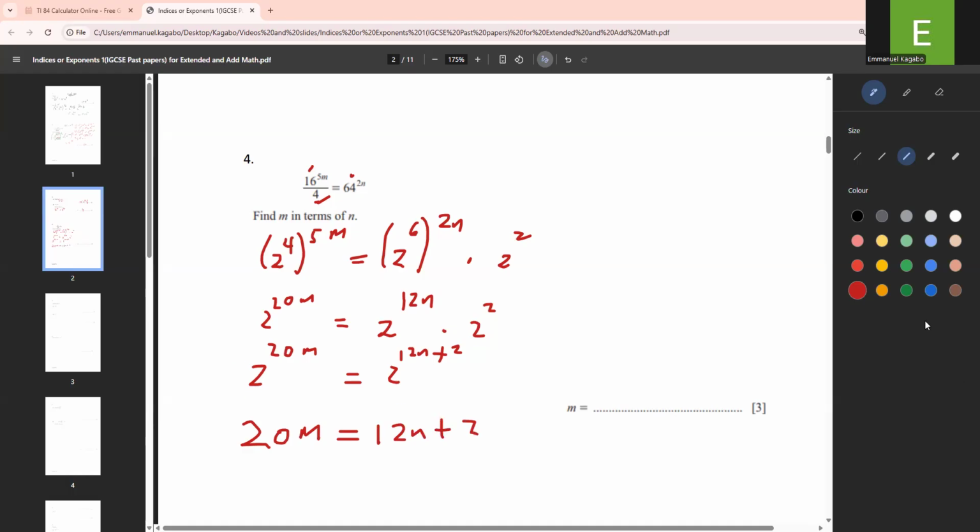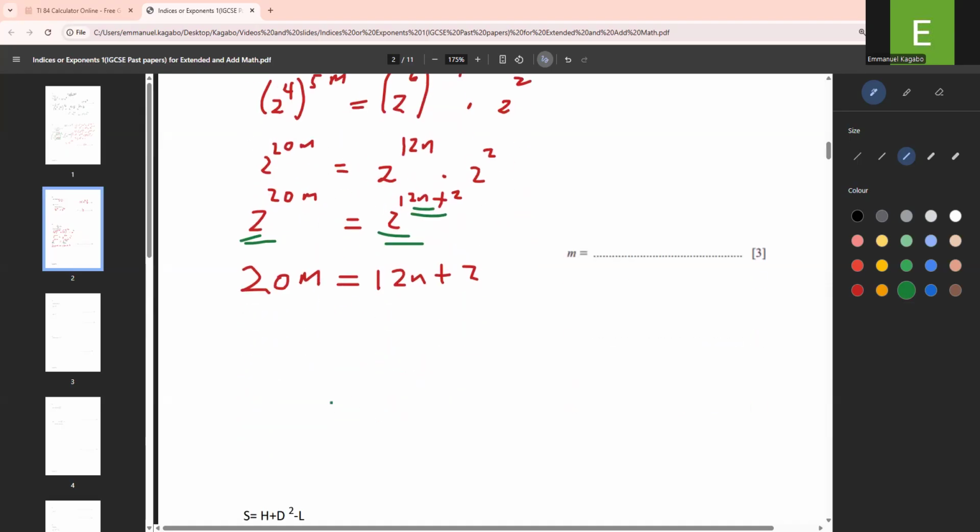If bases are equal, this is base 2 and this is base 2. So definitely 20m, which is the power, should be the same as this power. So if the bases are equal, powers are going to be equal. Okay. Now, collecting like terms here, I'll get 20m minus 12n equals 2, guys.